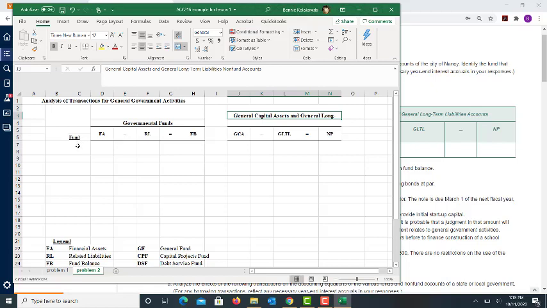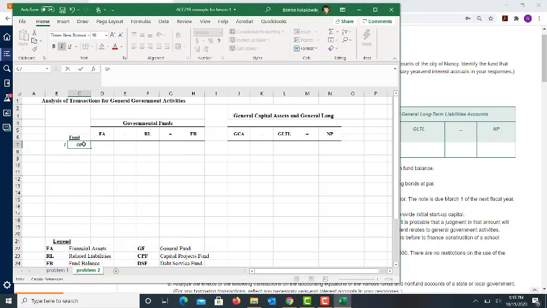So the first step here, and I'm just going to go ahead and number these. So this is transaction number 1 right here. And it asks you the fund. Well, obviously the firefighters are in the general fund. And the next part has to do with the $75,000. Well, the $75,000 is a related liability because it has not been paid to the firefighters.